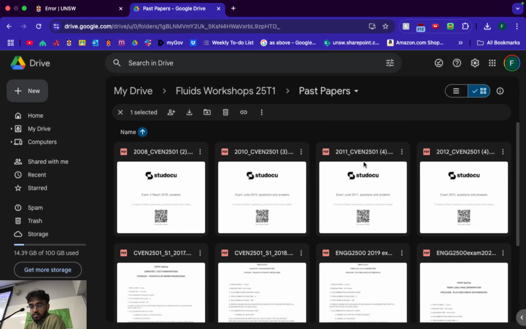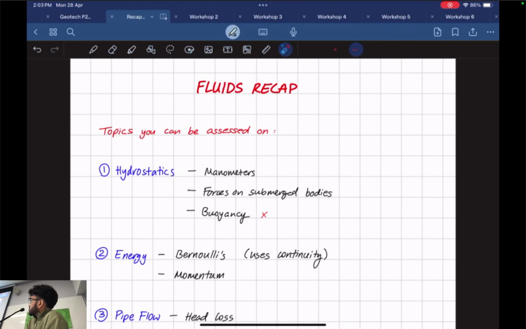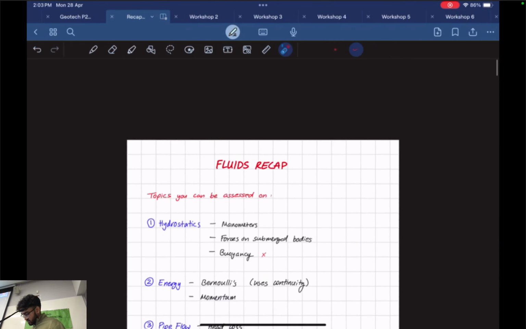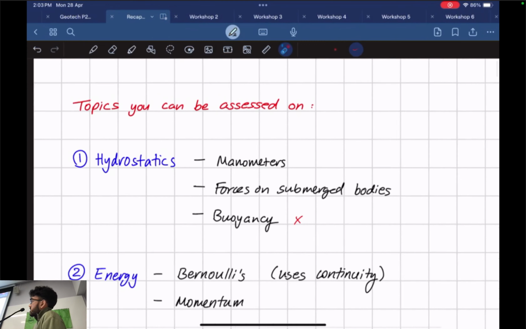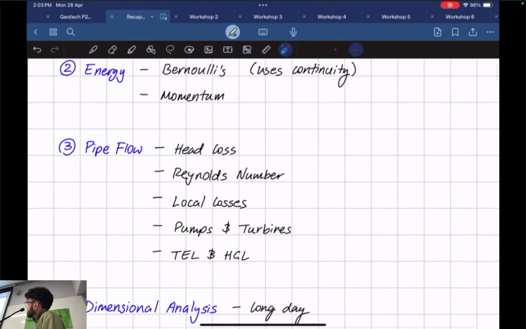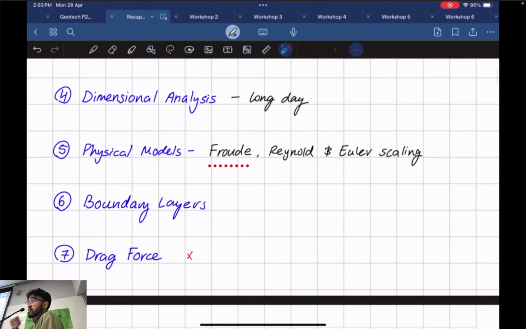Okay, so what I'm going to cover today. Firstly, I'm going to quickly go through some of the topics that you can be assessed on. There's going to be hydrostatics, energy, which includes Bernoulli's equation and momentum, pipe flow, dimensional analysis, physical models, and boundary layers.